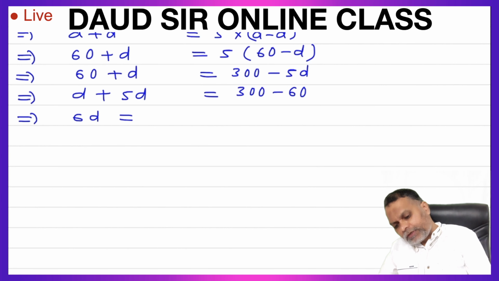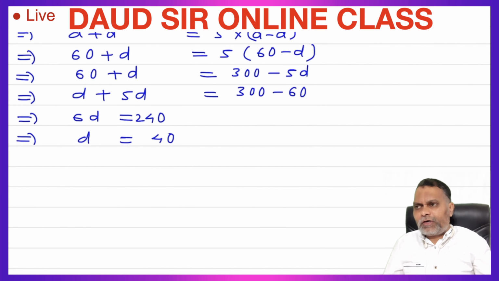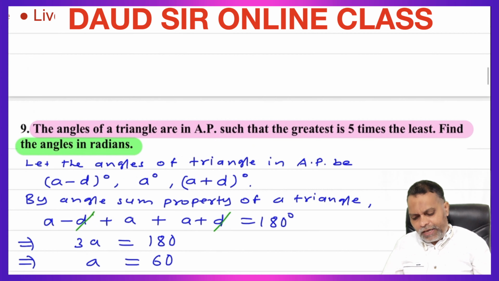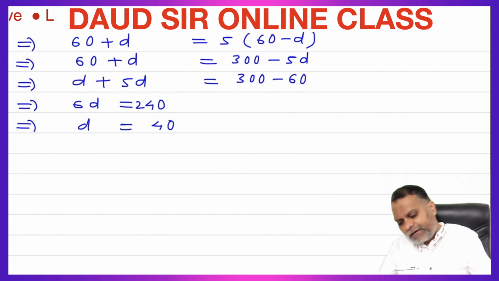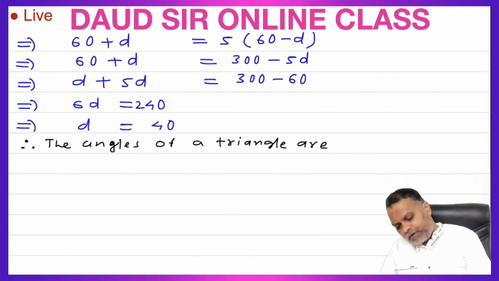6d is equal to 240. So d is equal to, divide this 240 by 6, 40. Now we got the value of d as 40 and a 60. Therefore the angles of a triangle are a minus d degree.